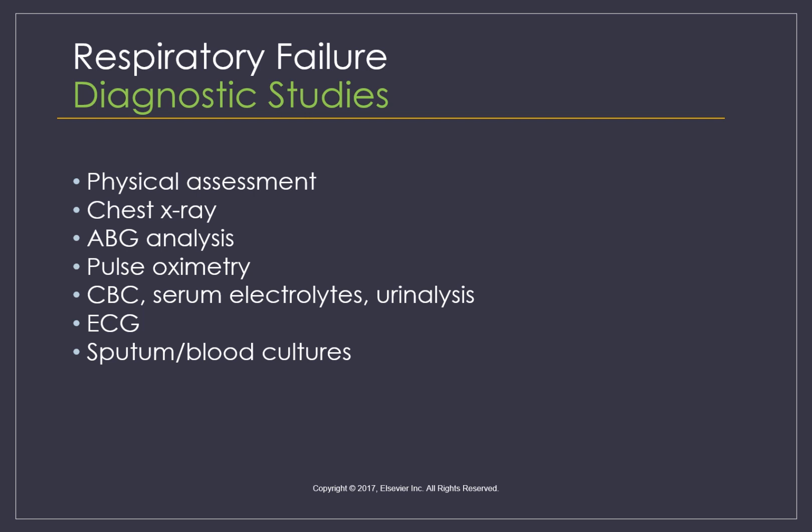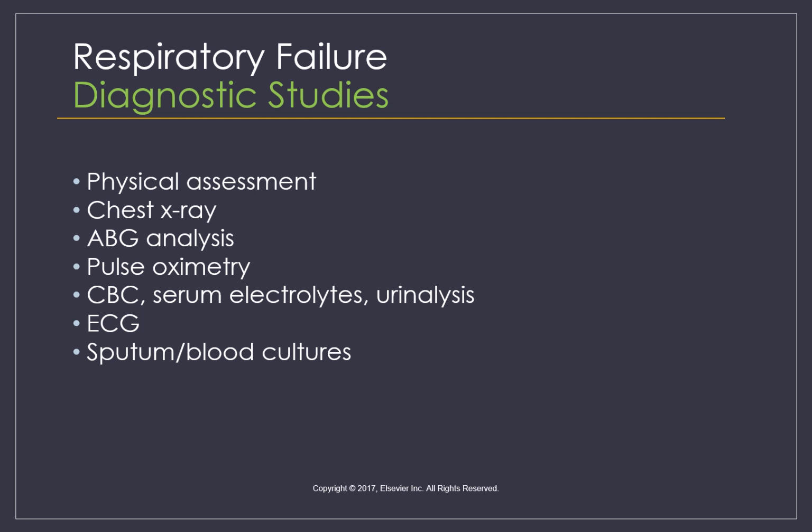So we're going to do a physical assessment. We're going to see some findings that we saw with poor circulation. Your patient might be pale, diaphoretic, might have some weak pulses, because if it's a perfusion issue, perfusion affects your oxygenation and ventilation as well. Chest x-ray can show some infiltrates or any types of atelectasis or chest wall abnormalities.